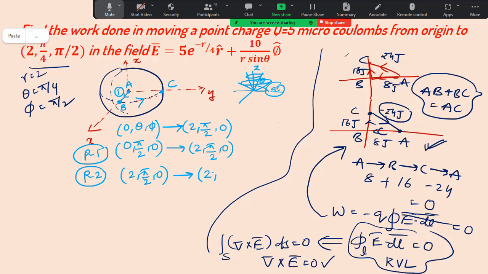Then we are again on the xy plane, so theta is pi by 2, but now we are on the y-axis. That means only the phi value will change. On the x-axis phi is 0, but on the y-axis, by traveling 90 degrees we can come up to the y-axis, so phi changes to pi by 2. So this is path 2. Is it okay? Did you understand?